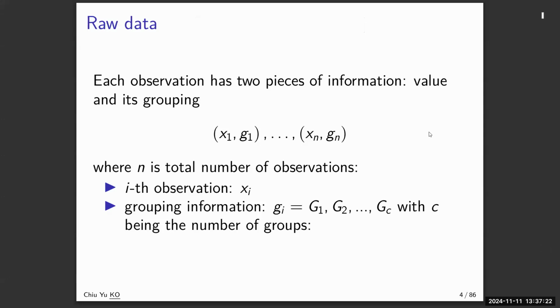I appreciate that, thanks. So we have the value and also the grouping. Basically every observation, instead of just a number, which we did in the last class, we know which group it is from. For example, say X1 is how much money they spend, and then I know which grouping they are in, female or male.